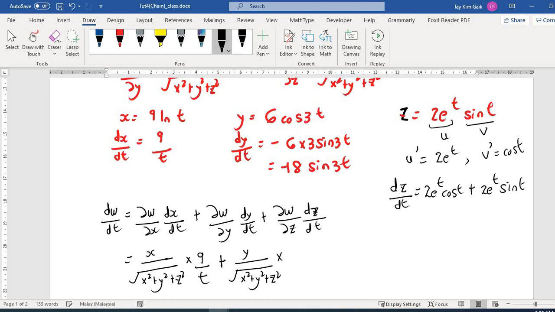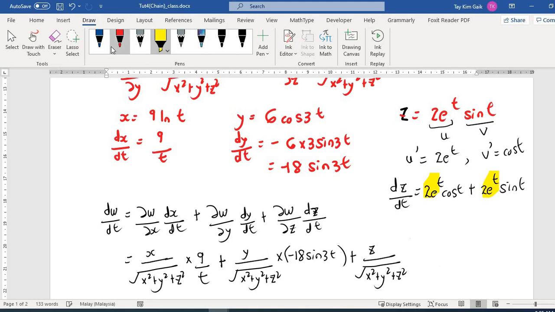Okay, dy/dt you have here negative 18 sin 3t, plus ∂w/∂z, which is z over square root x squared plus y squared plus z squared, multiply dz/dt. dz/dt here is 2 exponent t, and factor out, so it becomes 2 exponent t multiply cos t plus sin t.